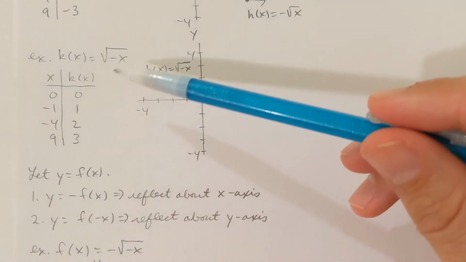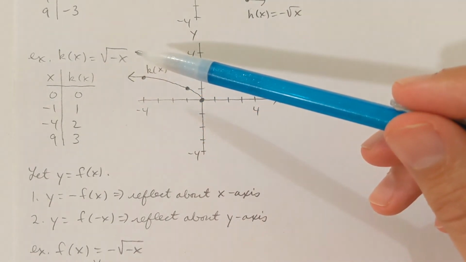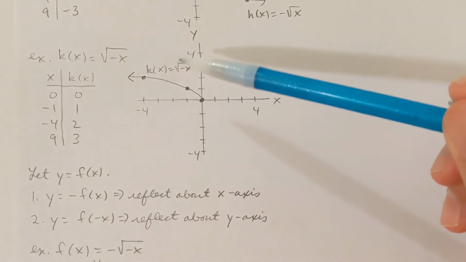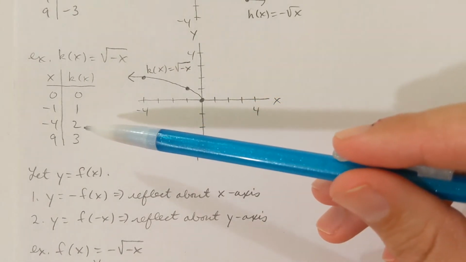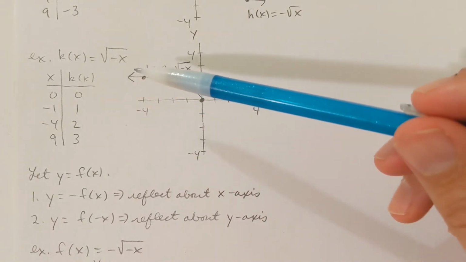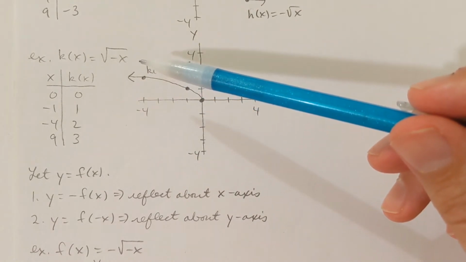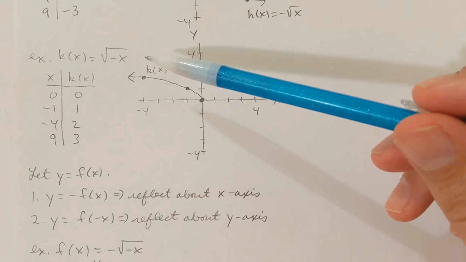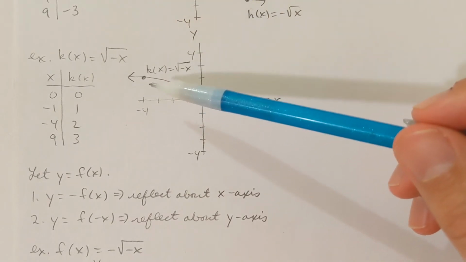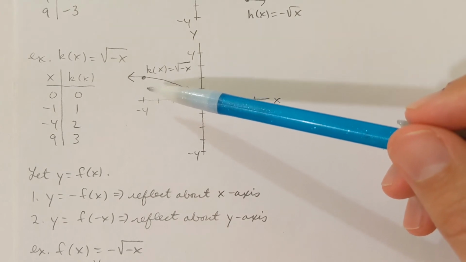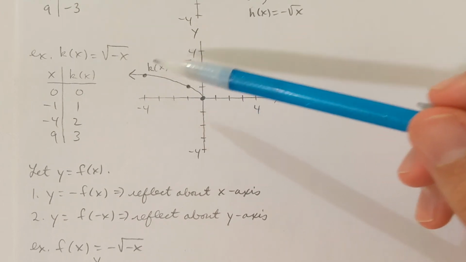If x is -1, negative x gives me 1, and the square root of 1 is 1. If x is -4, negative x is 4, so the square root of 4 is 2.